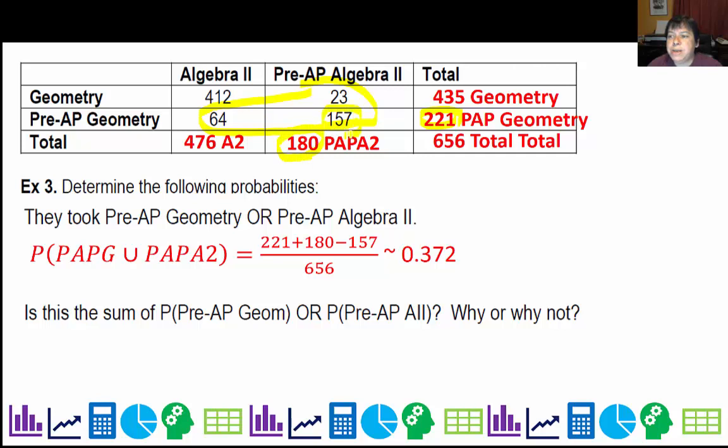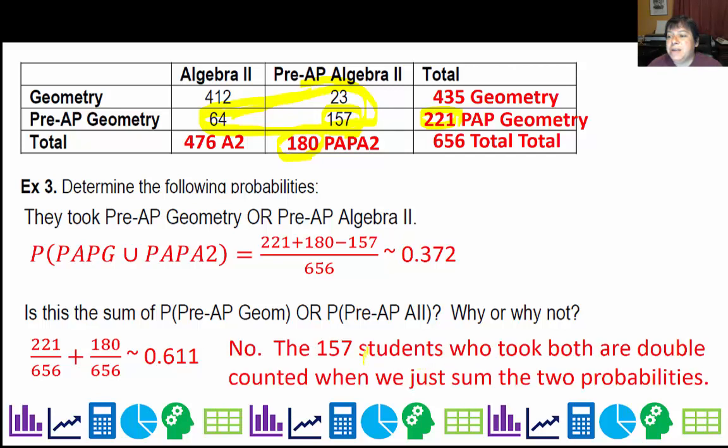I'm taking out the double counts of 157 because that 157 is making the 221. And it's also making the 180. So I have to take out my double counts, which explains why I can't just add these probabilities. Here I get a 61% probability they get geometry or algebra 2, but that doesn't work because the 157 students who took both are double counted when we just sum it. So basically, we don't want to include those.